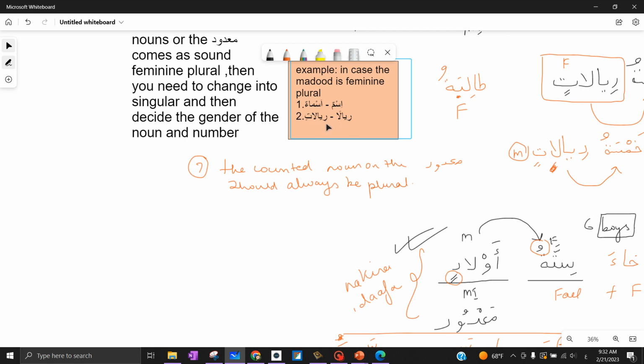This is how you find some nouns that when you go back to their singular form, it is male. So let's do ismun. I will do ismun here. If I say, what number should I take?